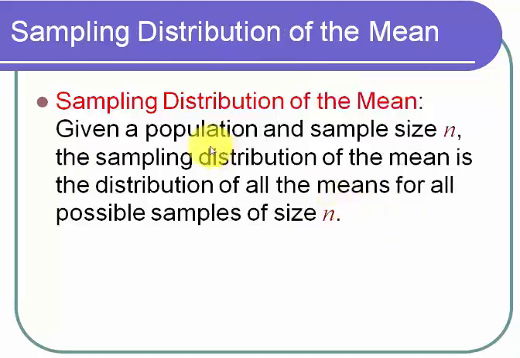But first, let's talk about the biggie, and that is a sampling distribution of the mean. And it's the same idea, except now we're specifically talking about the mean. Given a population and sample size n, the sampling distribution of the mean is the distribution of all the means for all possible samples of size n.